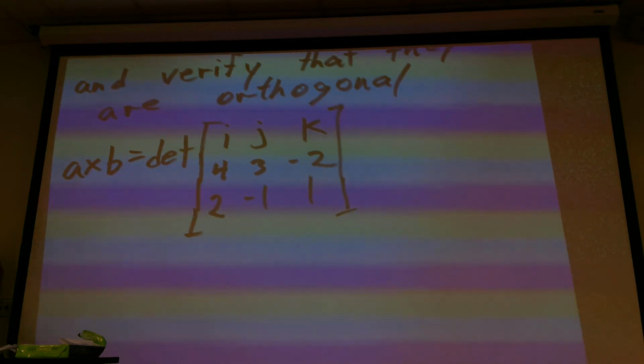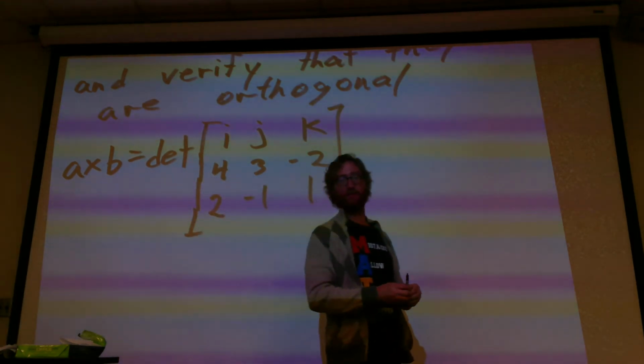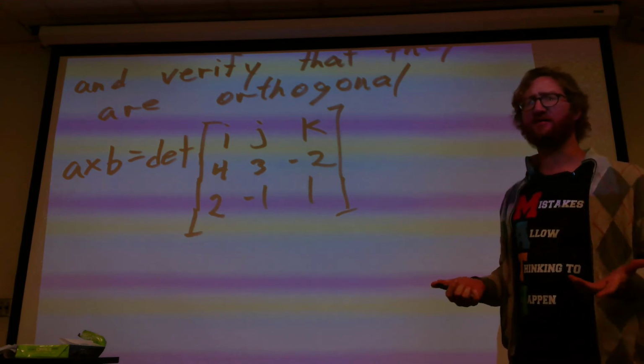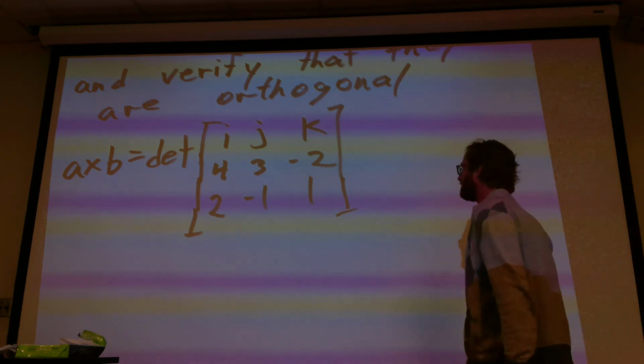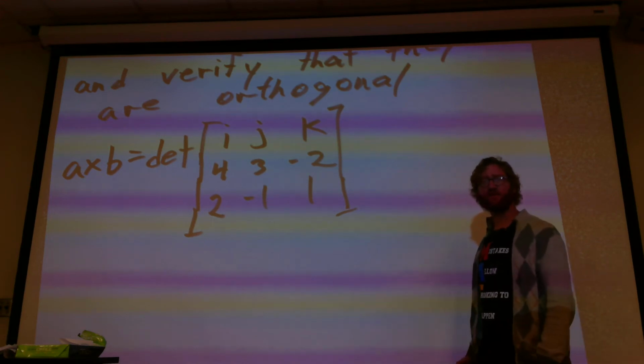Okay, so that's going to produce one of the orthogonal vectors, A cross B. The other orthogonal vector will be B cross A, which is just the negative of the other one. So all you have to do is multiply all the components by -1, and you'll have the other orthogonal vector.